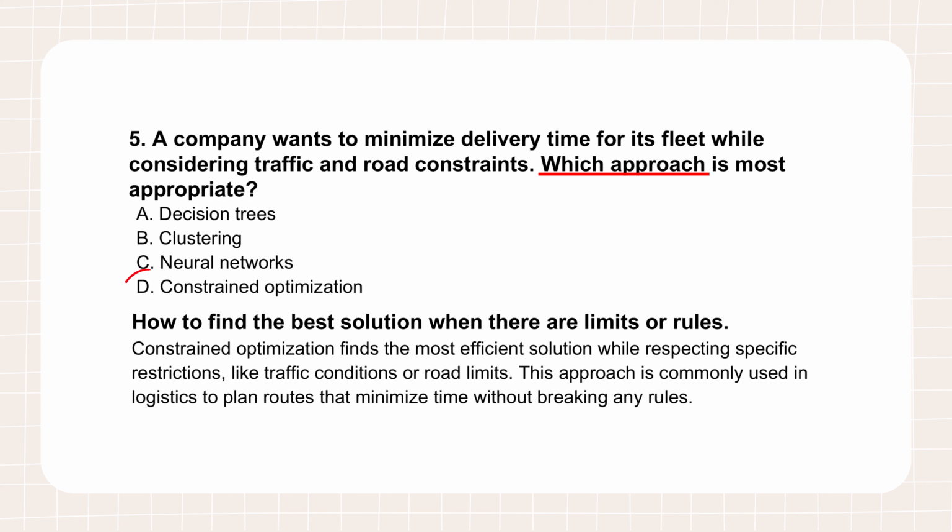So the core knowledge point here is recognizing that when your problem is about finding the best outcome, but you have strict rules you must follow, there's a specific toolbox for that: constrained optimization. And why does this matter? Well, think about it. Most real-world problems aren't wide open. You usually have limits. Budgets, time, resources, physical laws. Exactly. So knowing that there are dedicated techniques for finding the best path within those limits is super valuable.